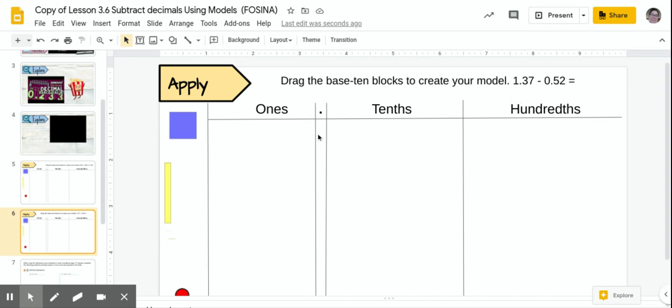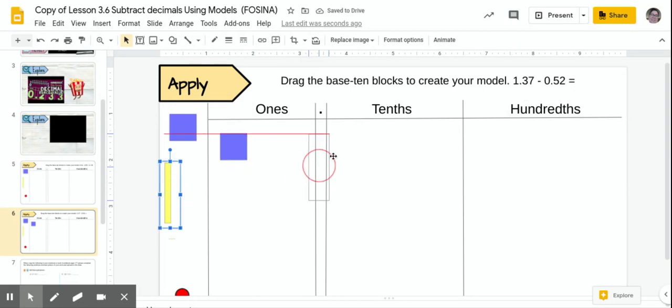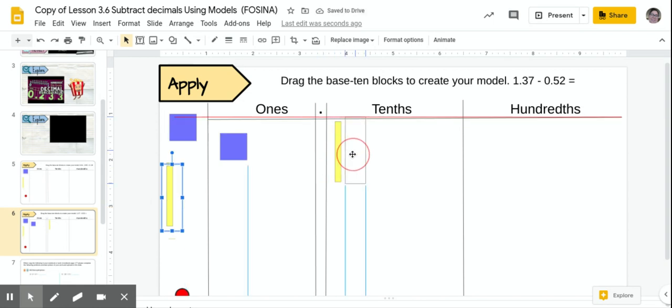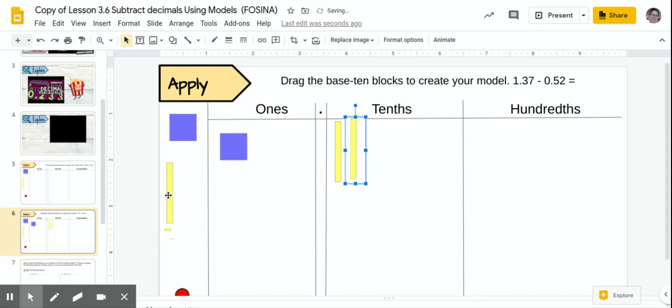All right, I need one whole, so I'm going to grab one of these blue tiles here. I need 3/10ths, so I'm going to drag over 3 of these skinnies. 1, 2, 3.